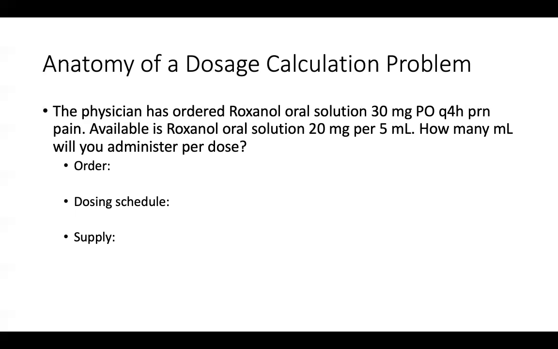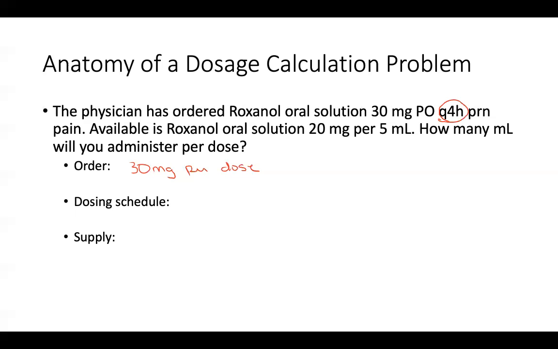Okay. So your order, if I was to write it over here, would be 30 milligrams per dose. Okay. So where did I get the per dose? Because it doesn't say that, right? It says Roxanol oral solution 30 milligrams PO Q4 hours. So when I see Q4 hours, that tells me that this patient is receiving 30 milligrams every 4 hours as needed.